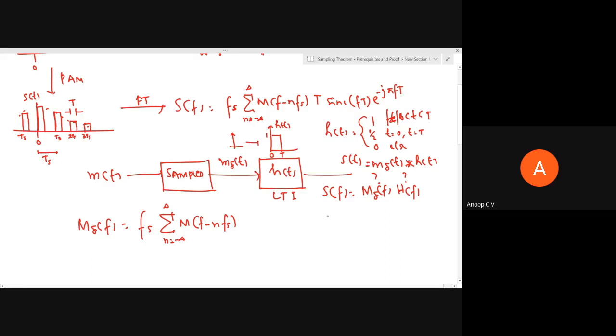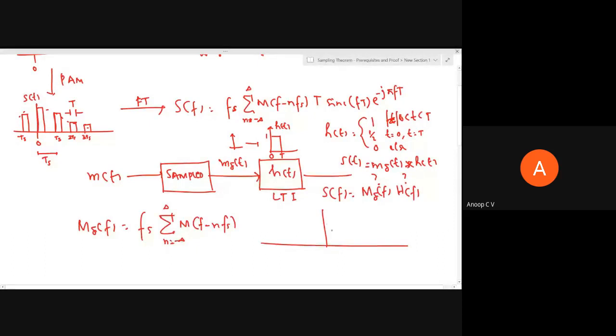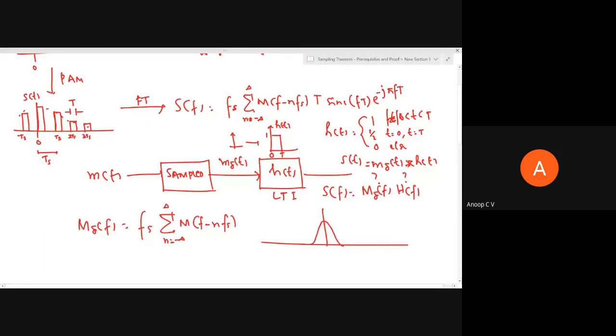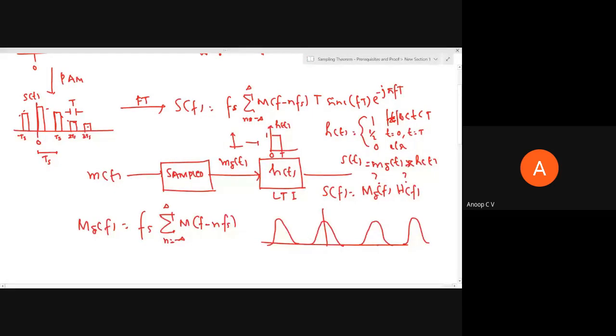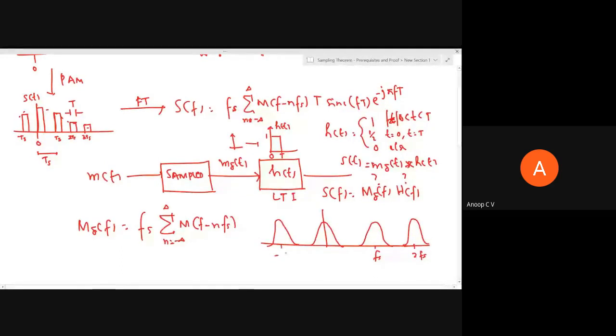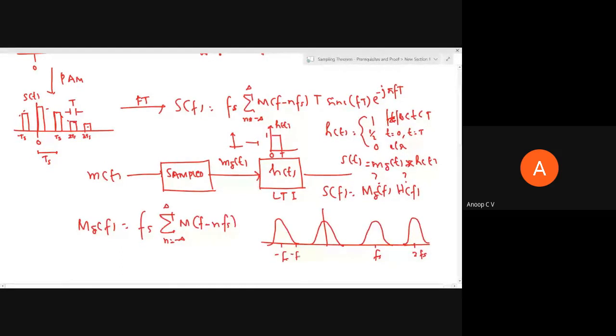We already know that, and m delta of f will look something like this. If this is m of f, it will be scaled by fs, and it will repeat at every integer multiple of fs on both the positive and negative axis. So this will be fs, this will be 2fs, this will be minus fs, and this will be minus fs plus W, this will be fs minus W, fs plus W. You should be aware of all these things, then only you will be able to appreciate what I'm going to discuss next.